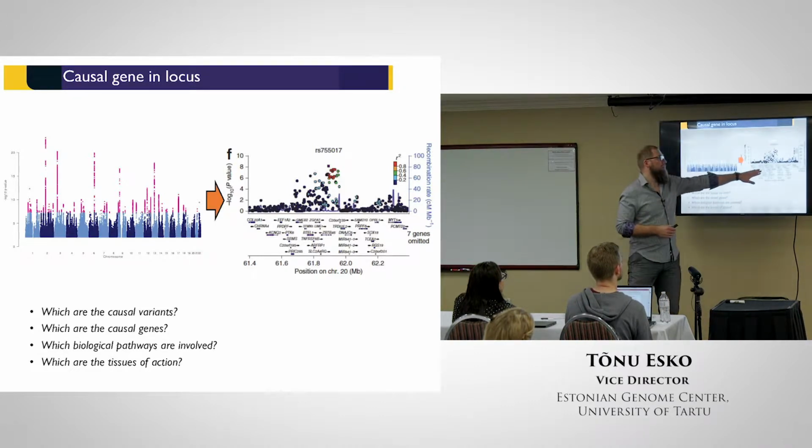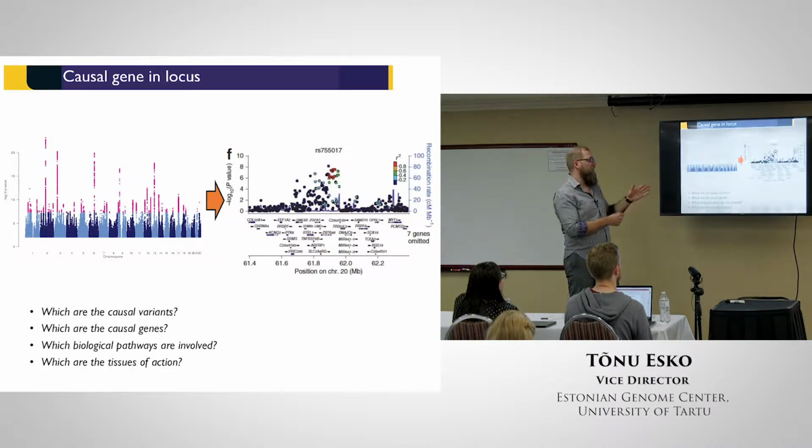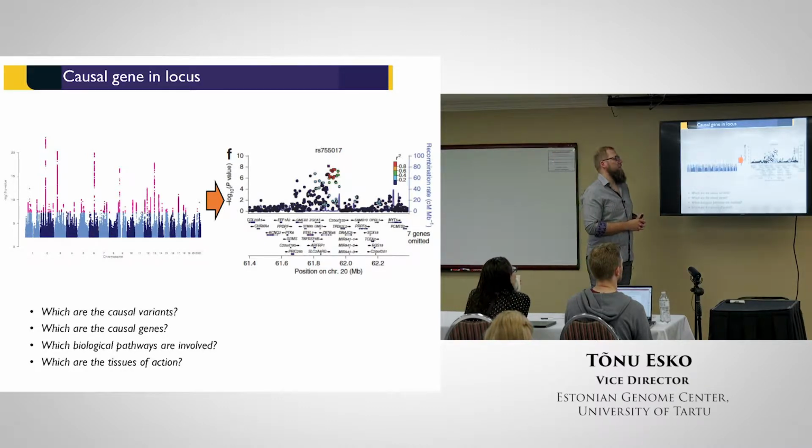And here are shown all the genes that fall in this region. As you can see, there are 30 plus genes in a window of about 800,000 base pairs.